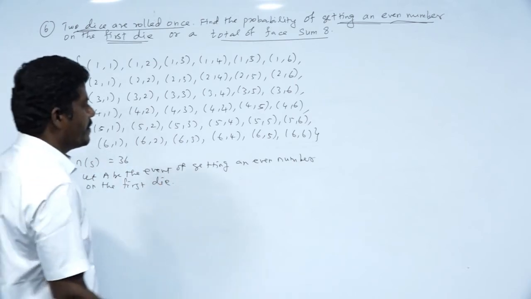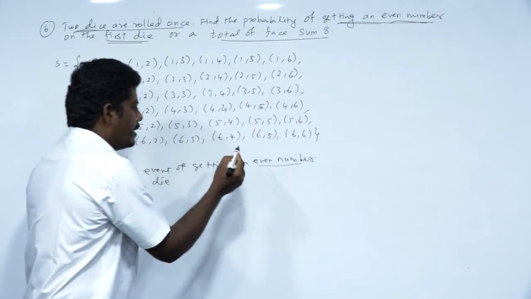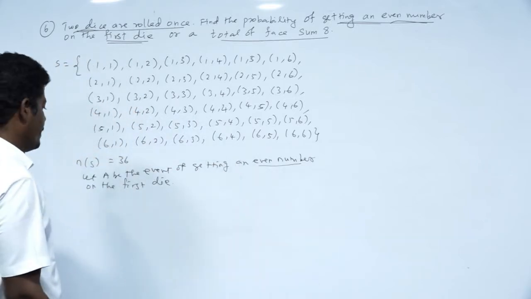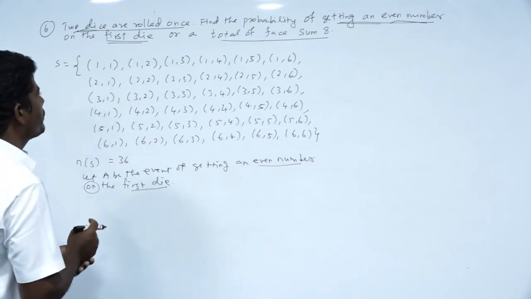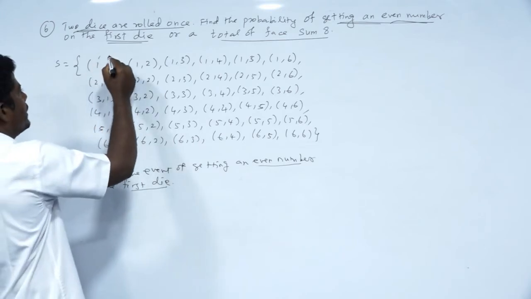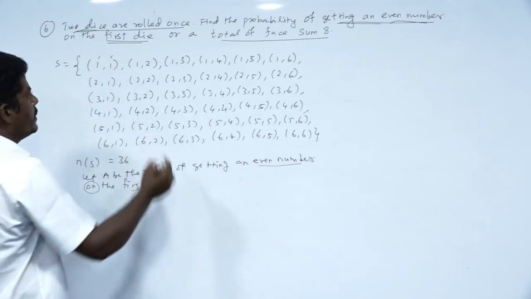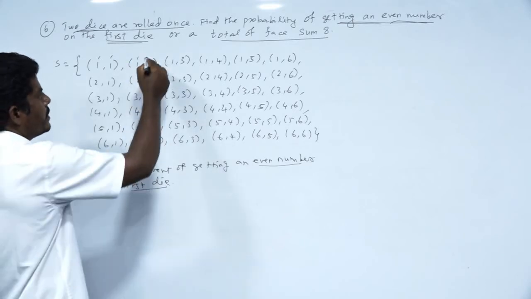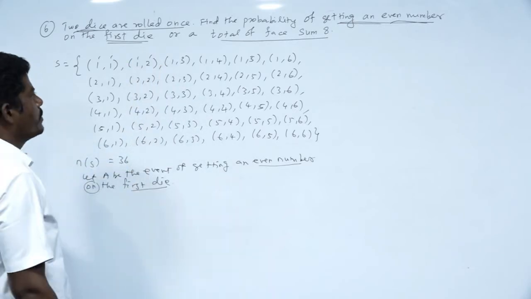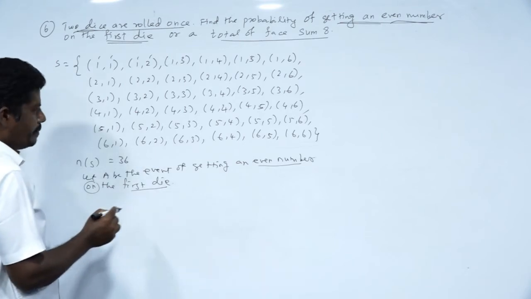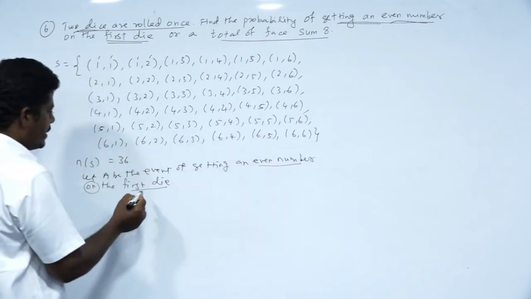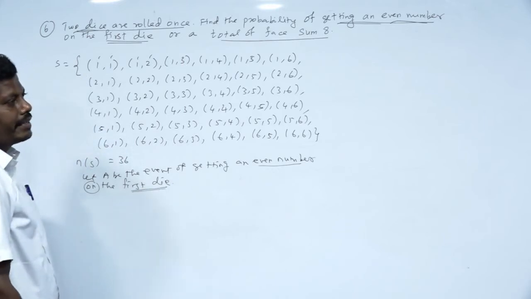Okay, listen, my dear students, what is our event? Getting an even number on the first day. So this is first day, this is second day value. This is first day outcome, this one is second day outcome. Okay, my dear students, what is our question? Even number on the first day.